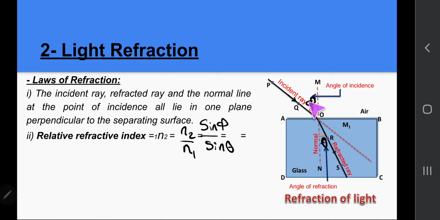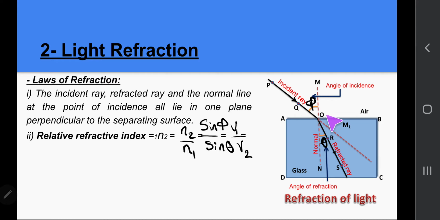Phi is between the incident ray and the normal line, theta is between the refracted ray and the normal line. But N1,2, the relative refractive index, can be defined by the ratio between sine phi over sine theta, okay? Or V1 over V2. V1 over V2, I explained that in the previous chapter.